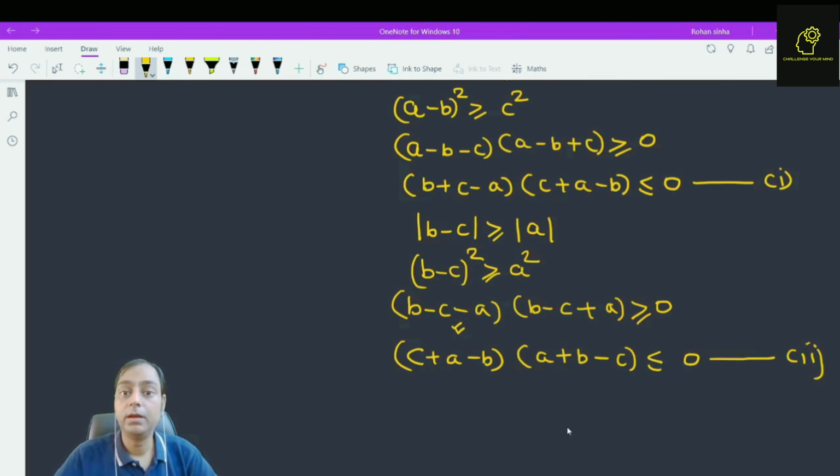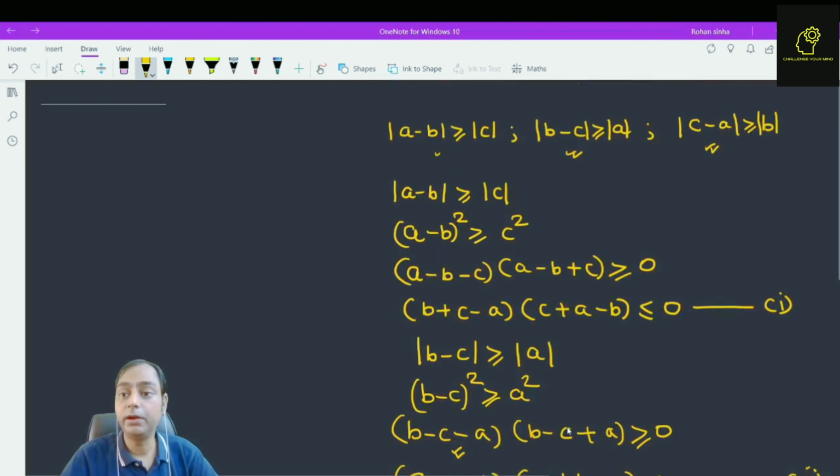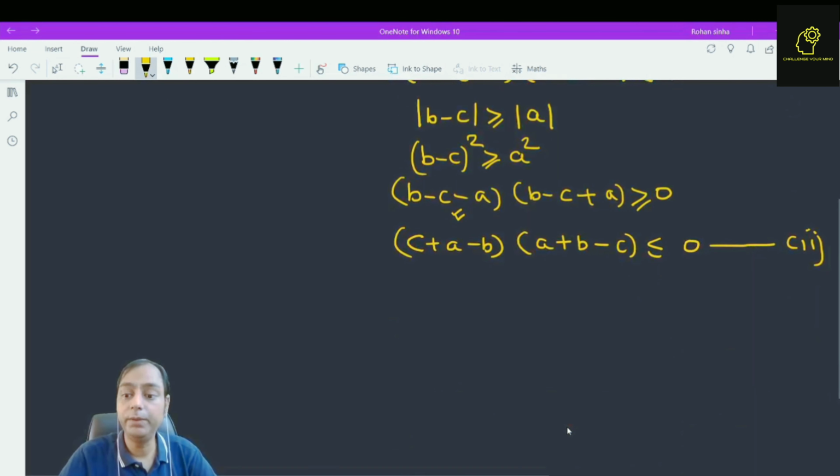Now, from the third condition, modulus of C minus A is greater than or equal to modulus of B. Again squaring, we find (C minus A) whole square is greater than or equal to B square.